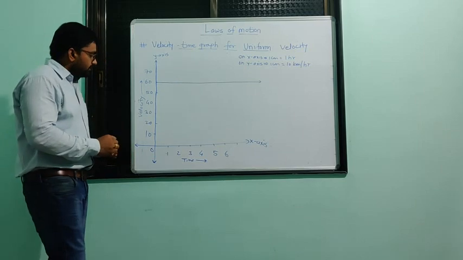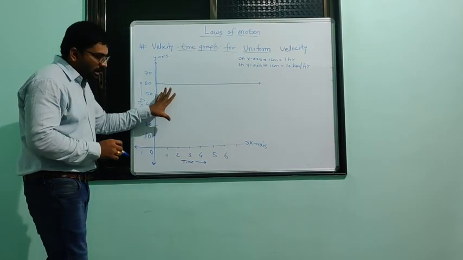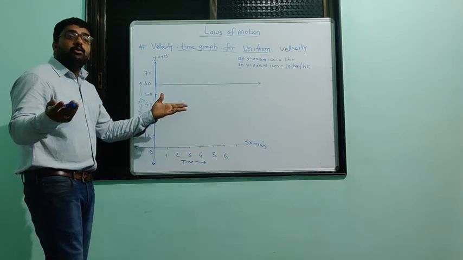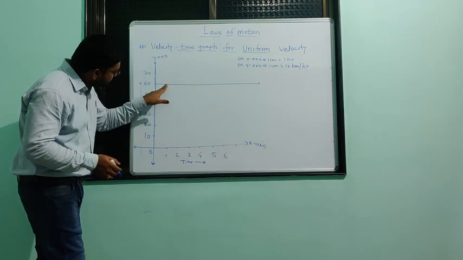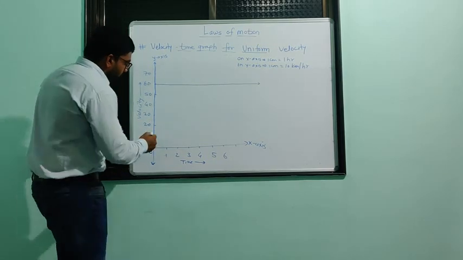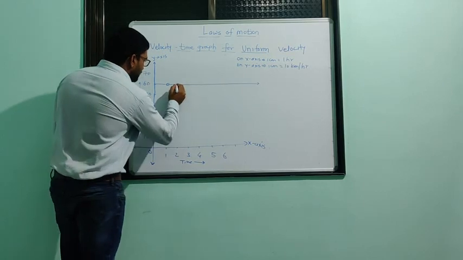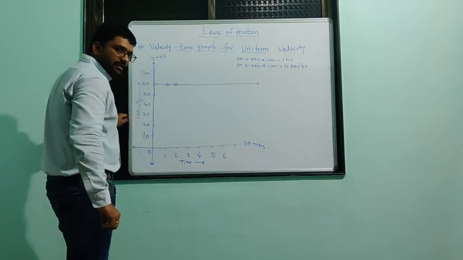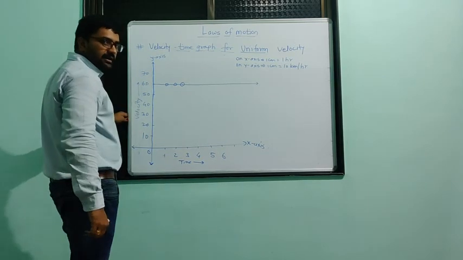Here what happened now, and this is a graph. For the first hour it is 60 kilometer per hour, so our first point will be here. For the second hour again it is 60 kilometer per hour. For the third hour 60 kilometer per hour.